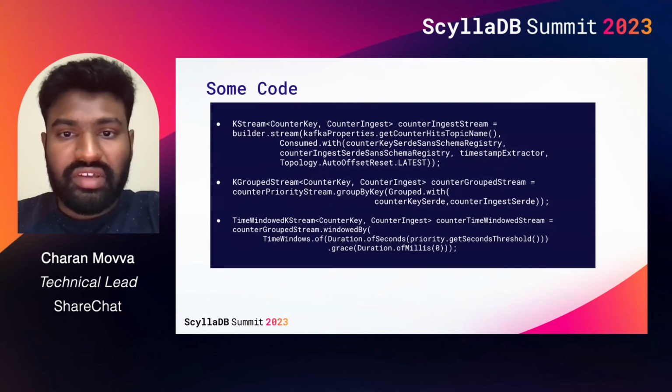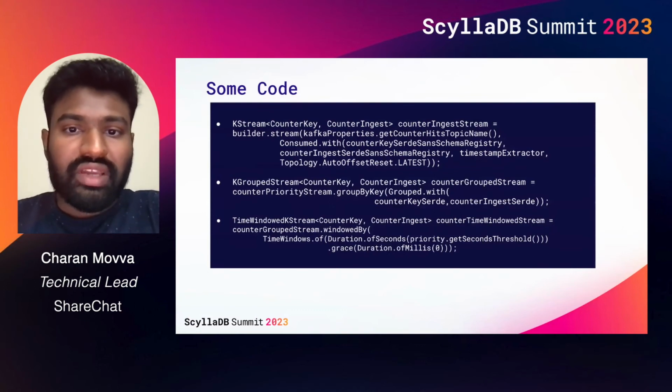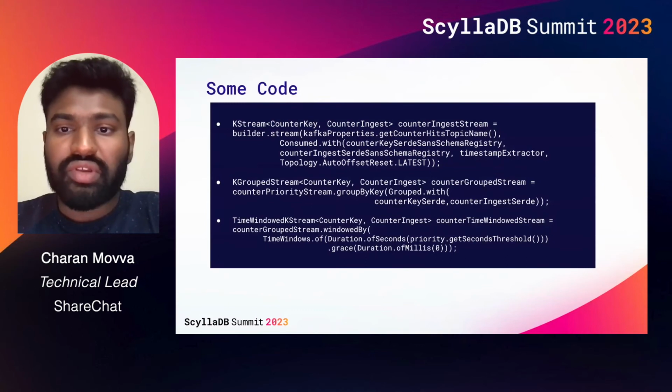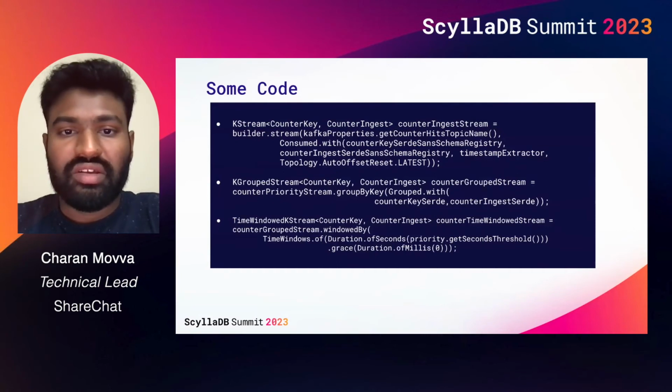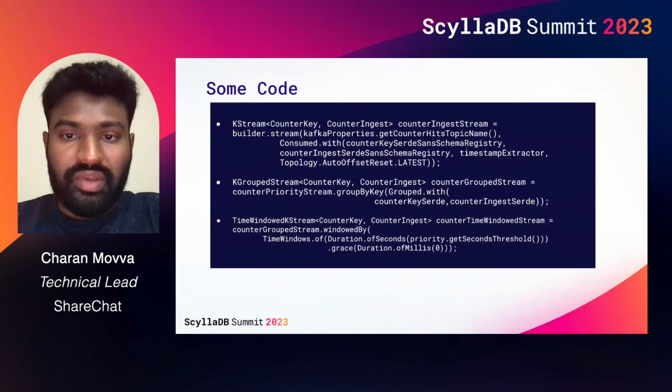And why did we go with grace period as 0? We are looking at completeness versus duration to limit the aggregation scope, and we are more concerned around the completeness of our data. Also, our events will never be out of order because we are using the wall clock time as the event time.